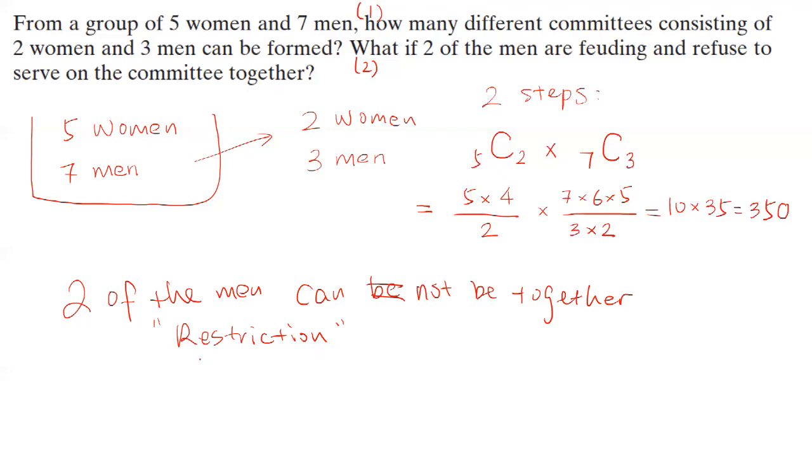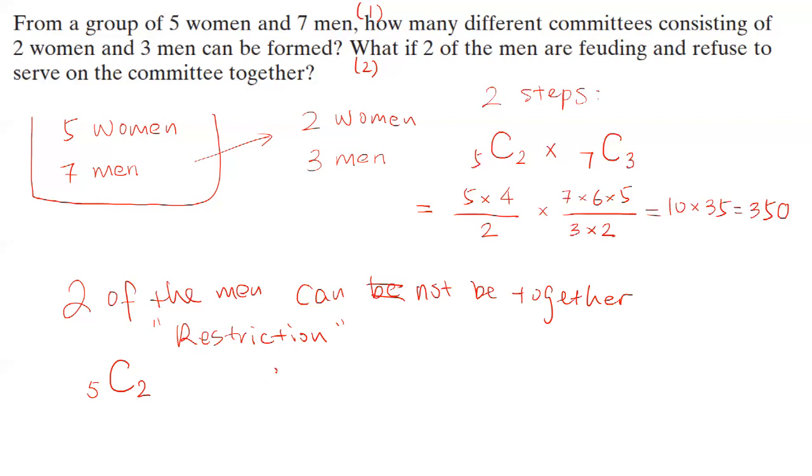So under this restriction, how many ways can it be done? To finish this task, you also have to do 2 steps, right? First, we choose women because for women there is no restriction, so the number of ways is also C(5,2), like in the first question. The key is to calculate how many ways you can choose men now, because 2 of the men cannot be together.